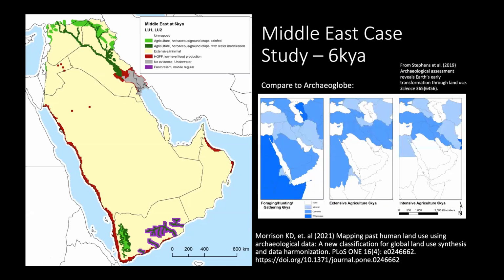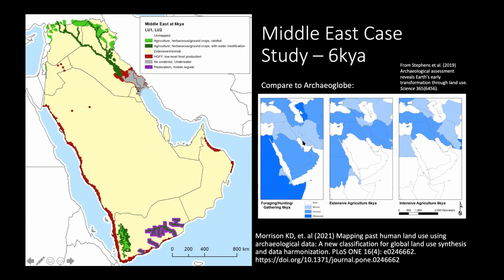And this is one of the strengths, but also one of the difficulties of this approach: this fine-grained resolution, which archaeologists are really interested in. If you're looking at the area where an individual archaeologist works, they have lots of ideas about the level of detail that's possible for the areas that they know something about. So this really gives us a lot of detail, and it compares with similar projects like Archaeoglobe that are also producing land use data at a global scale using a very different methodology of building consensus data from experts.